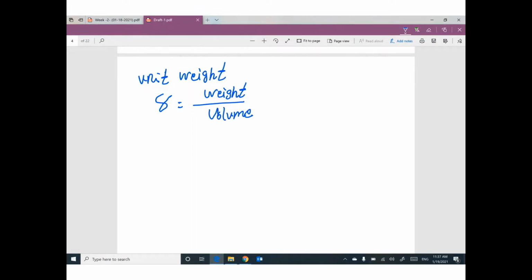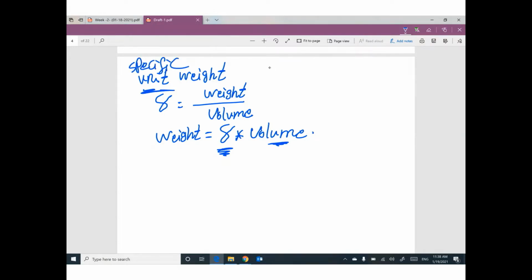That means if you are looking for the weight of any body, any fluid, any liquid, anything, it equals gamma times volume. If you know the unit weight, sometimes called specific weight, and multiply it by volume, you can get the weight.